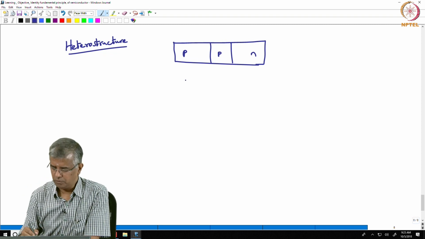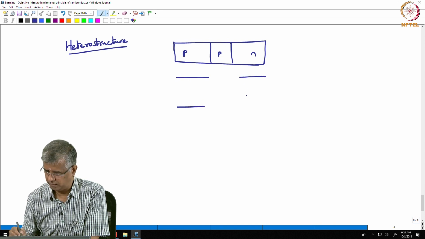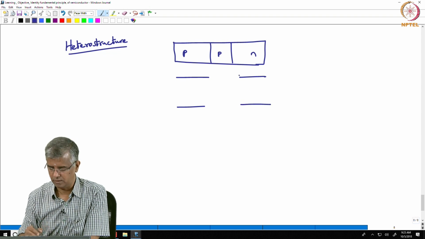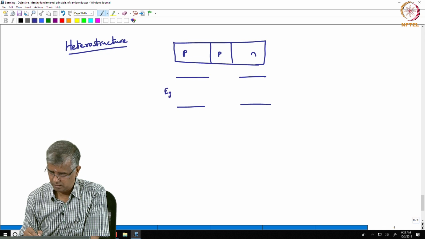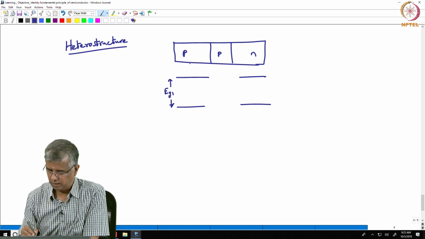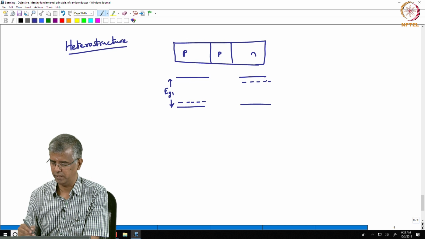So, we say the band gap energy of the P region and this region is equal, right. They have equal band gap, so we can call this Eg1. So, on either side there is Eg1, and of course, for the P type, the Fermi energy is going to be somewhere over here, and with the N type the Fermi energy is somewhere over here.